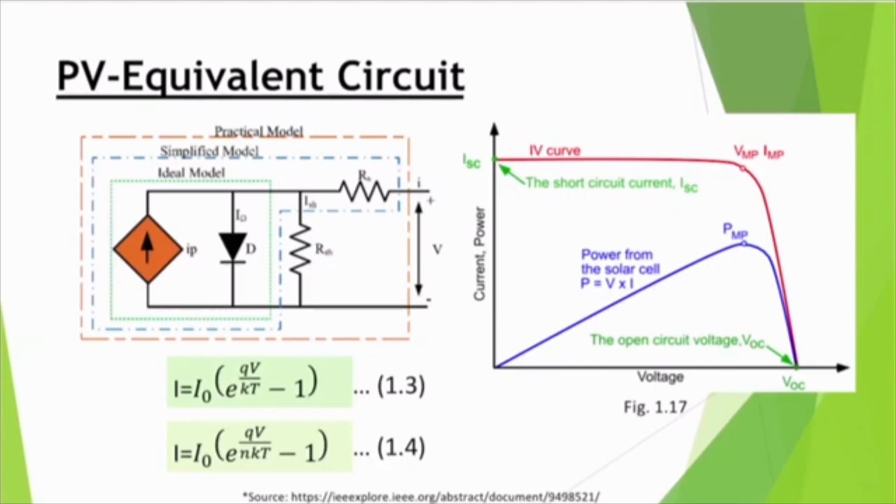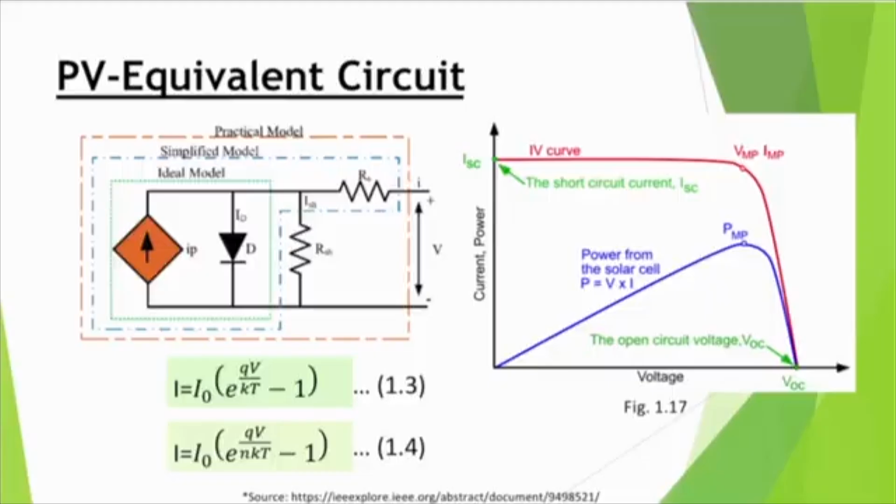The current versus voltage characteristic is known as the IV characteristic, and the power versus voltage is known as the PV characteristic. The important part is to capture the maximum or efficient operating point from those two characteristics, and once you are able to capture it, you can produce maximum power out of it.